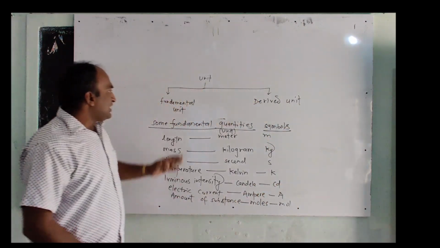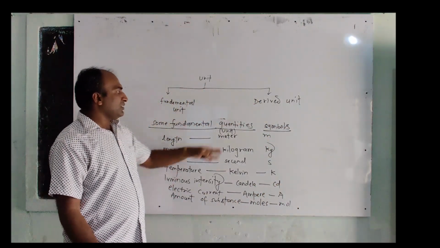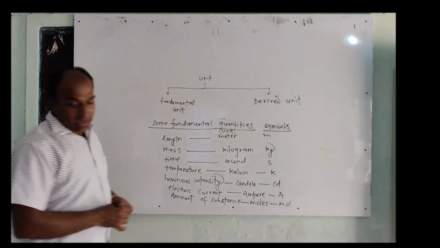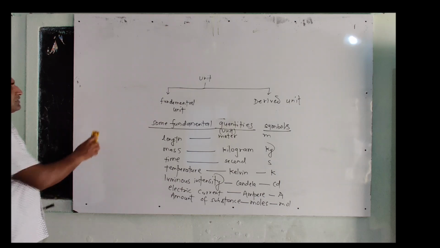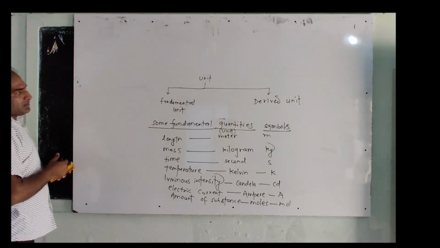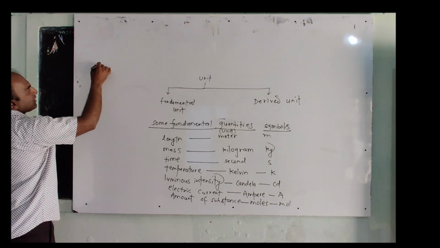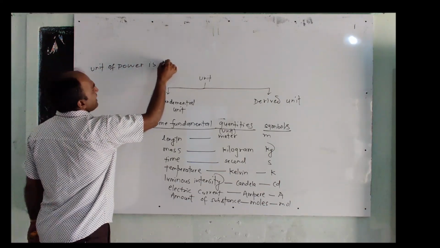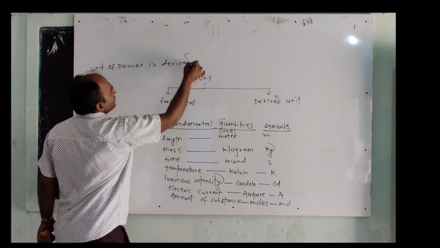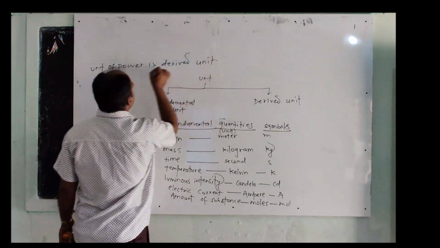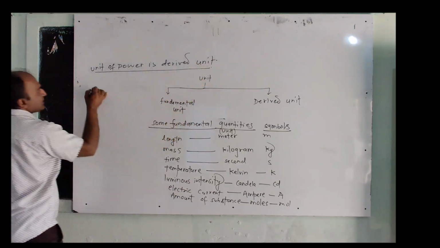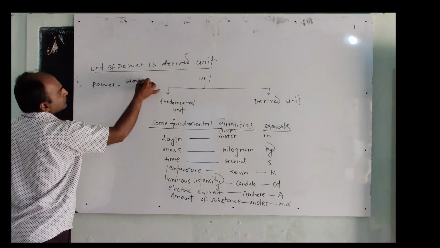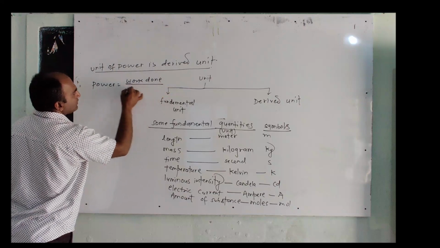Now, derived quantities depend upon these fundamental quantities. If you are asked, how can you show that unit of power is a derived unit? Because, as we know, power equal to work done by time taken.